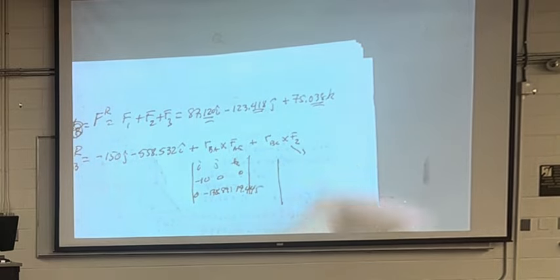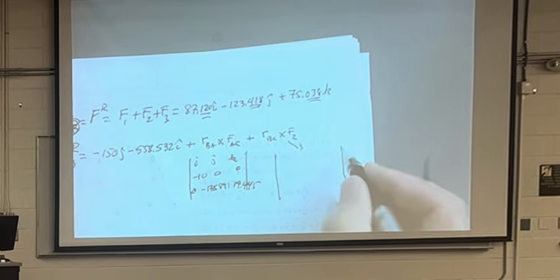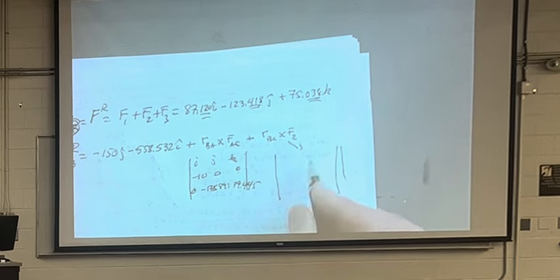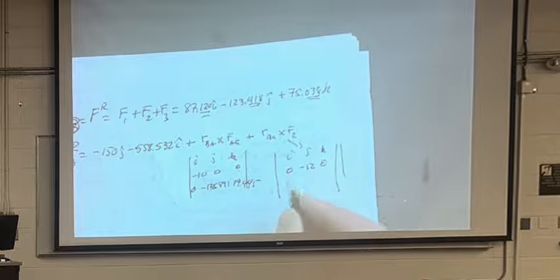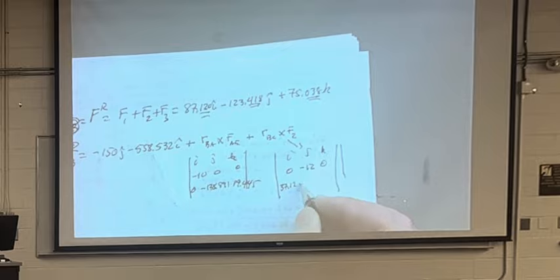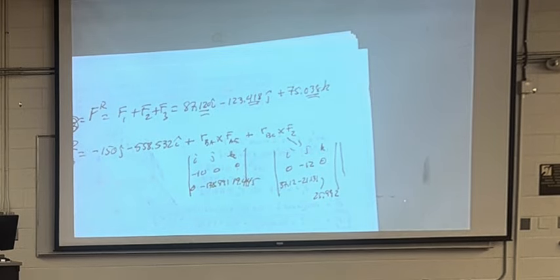This one, I'm setting up a determinant that looks like i j k, 0, minus 12, 0, 37.12, minus 21.131, and 25.992.